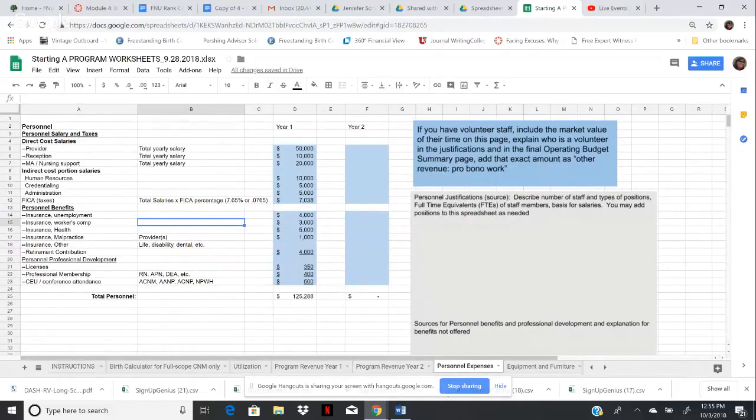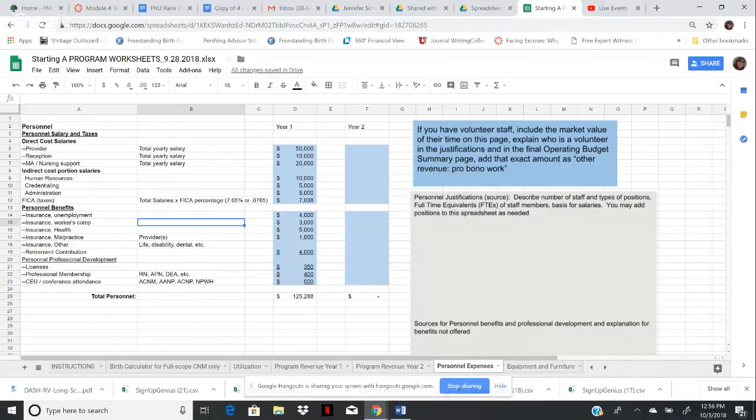The next tab is your personnel expenses, and this is where you will be looking at who will actually be staffing this program, what FTE portion of their time will be devoted to this program, etc. So I have populated in here a $50,000 salary for the provider.